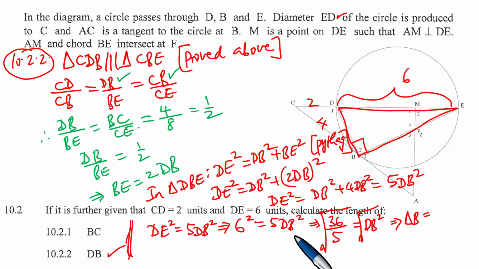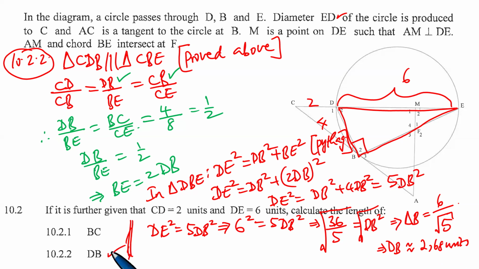Then divide by the square root of 5. The square root of 36 is 6, so DB is 6 divided by the square root of 5, which is approximately 2.68 units.